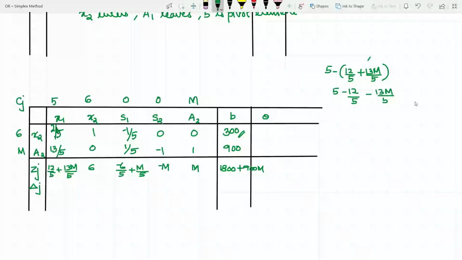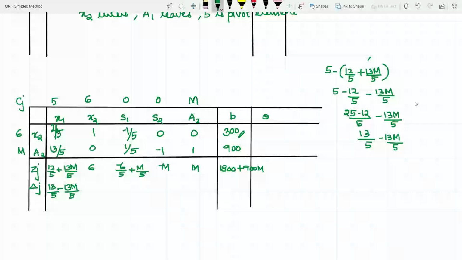So you have 25 minus 12 by 5 minus 13m by 5, so you have 13 by 5 minus 13m by 5. So this is the value you get. So you have here 13 by 5 minus 13m by 5.